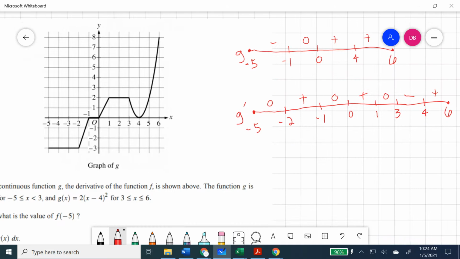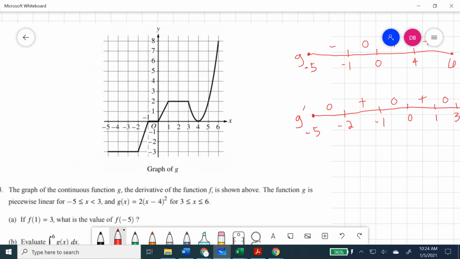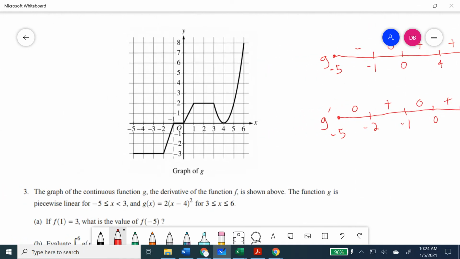I want to read very carefully about who has a relationship with who, in what way, and clarify that within my notes that I just wrote. This is the graph of a continuous function g. G is the derivative of the function f. Be careful and think about it. G is the derivative of f.